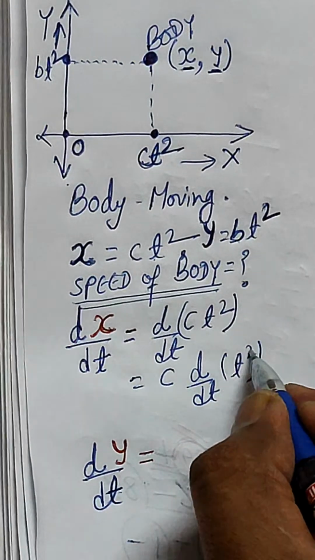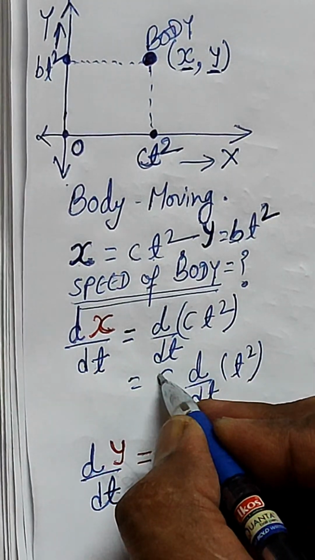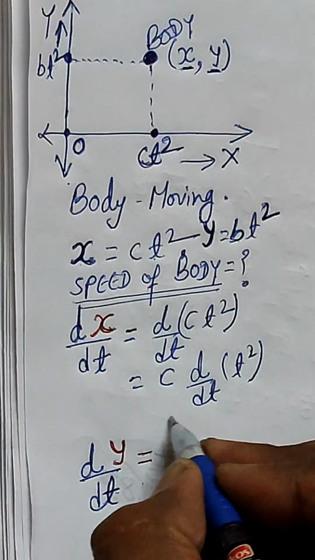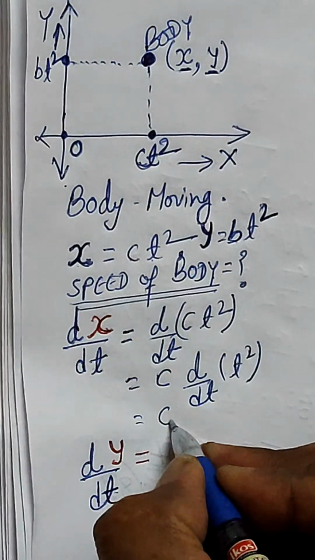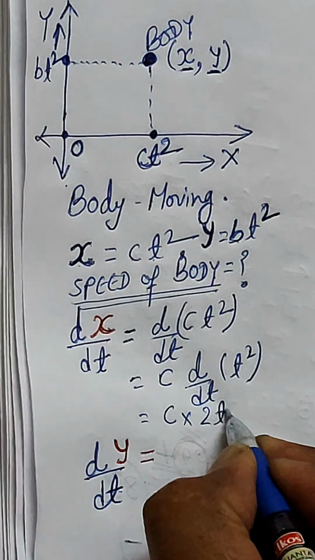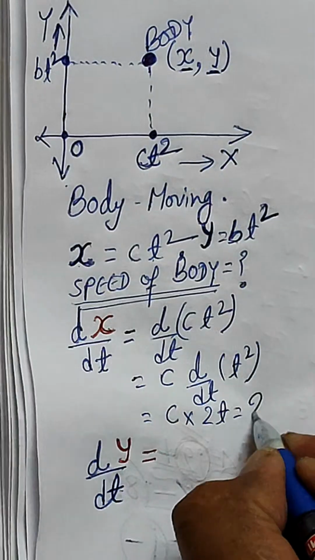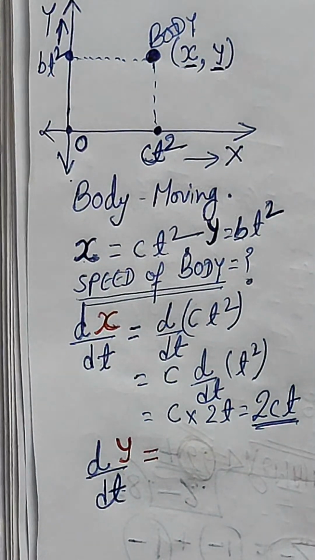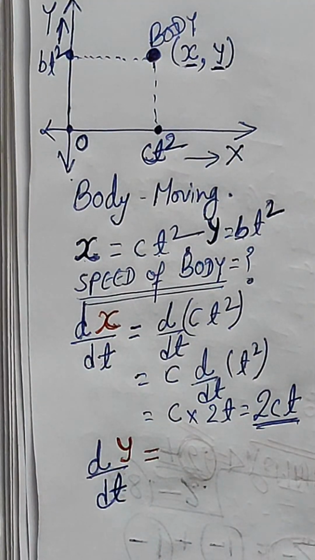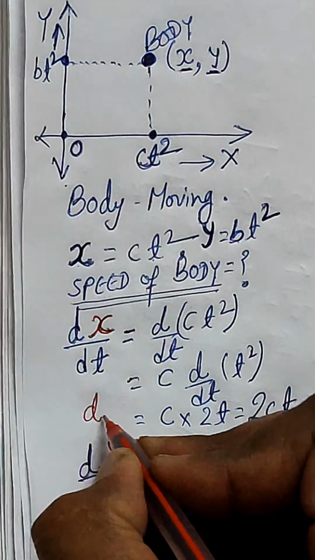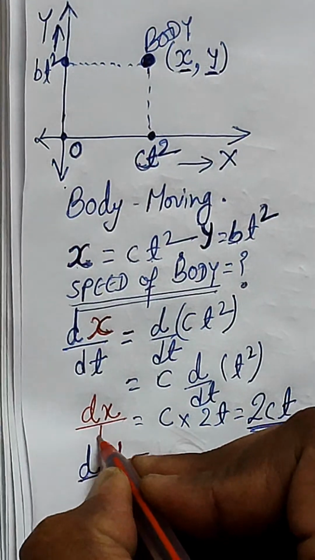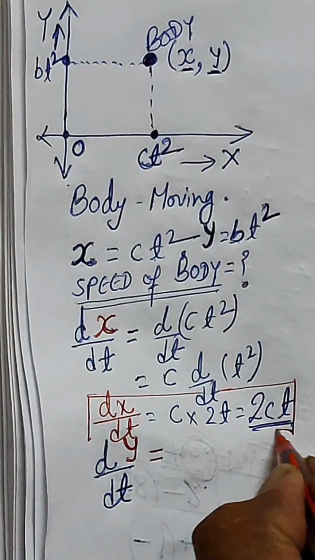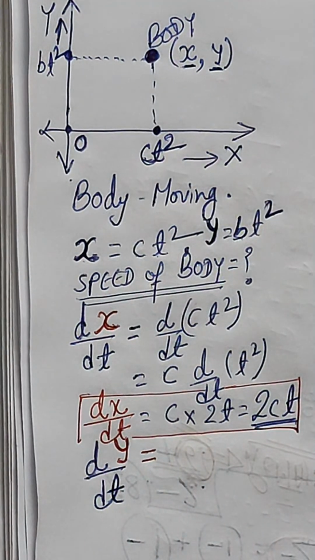So this will be 2t, because 2 as a constant will be coming out and the power of t will be decreased by 1. So this will be c into 2t, or we can say 2ct. So 2ct is the x component of the moving body. So that is calculated, right?